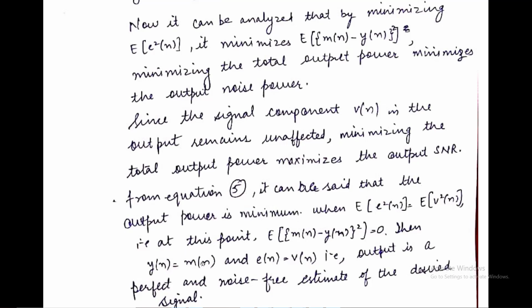If yn is equal to mn, meaning the estimated output of the adaptive filter is equal to that noise which we are subtracting from xn, then en will be vn, which is the output we want, and we can consider that output a perfect, noise-free estimate of the desired signal.